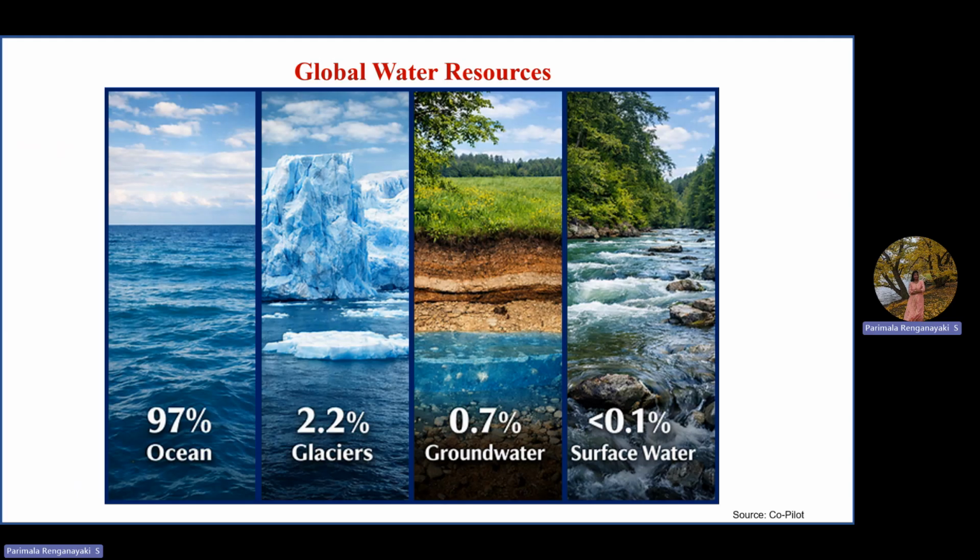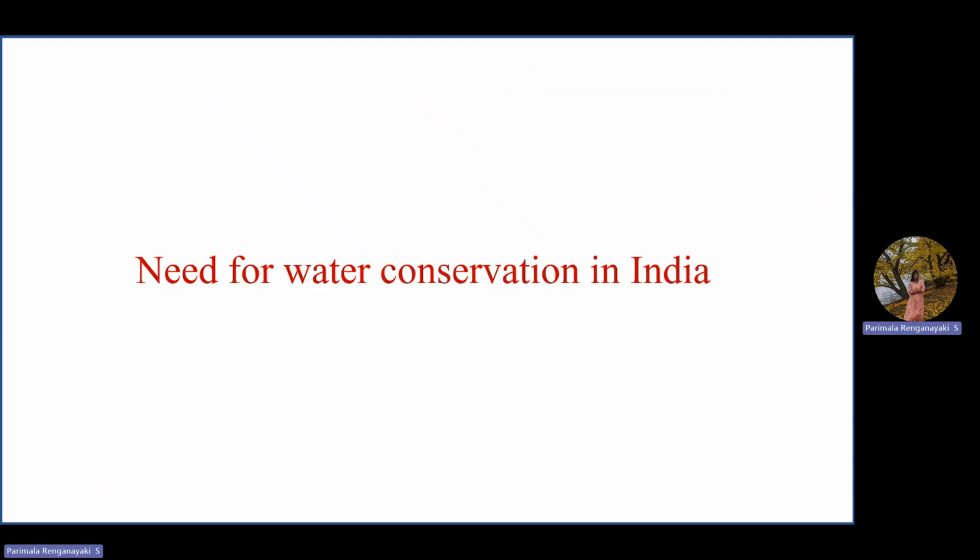Apart from this, we can tell n number of reasons why we need managed aquifer recharge or artificial recharge. We will just consider India as one of the examples, and what the issues are in India with regard to water resources, and how MAR or artificial recharge can help to improve the Indian water resources.